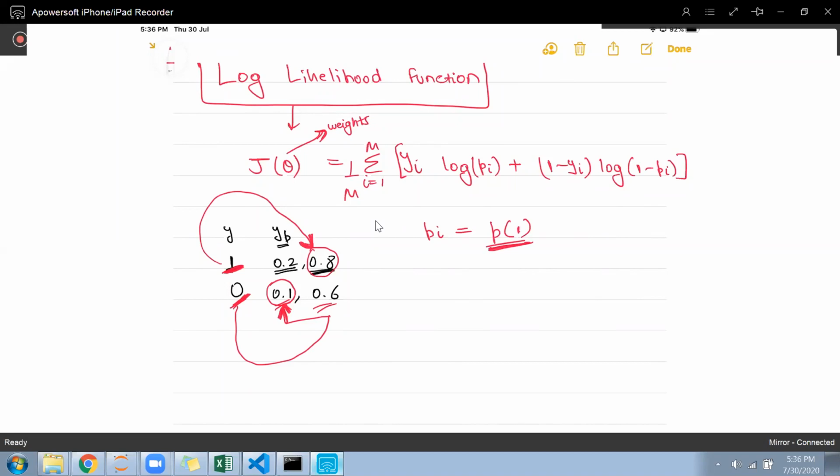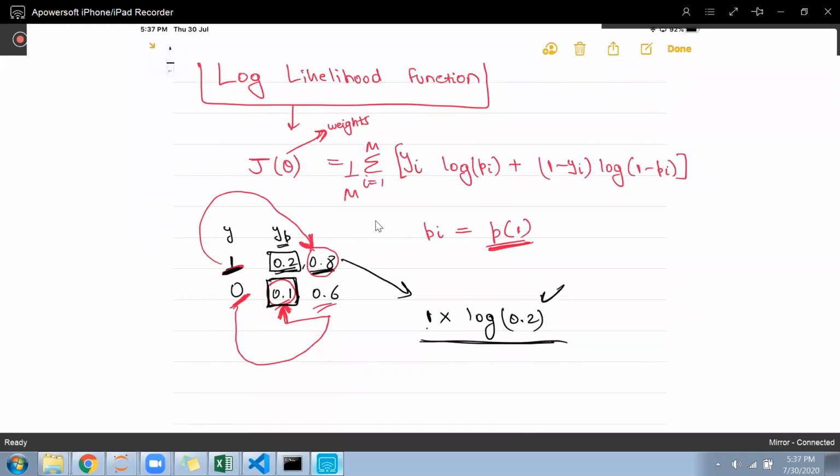So if we talk about this term, if the actual is 1, then what I want to maximize, I'll write 1 into log of 0.2.